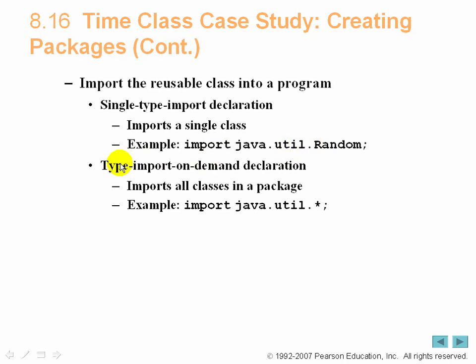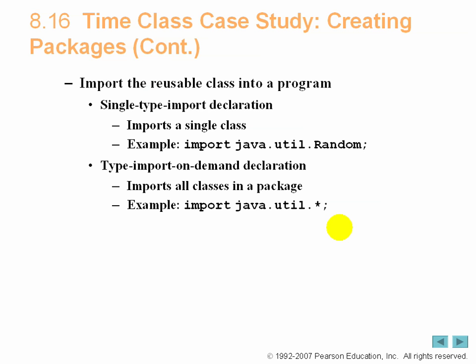And then there's the so-called type import on demand style declaration, where you simply say at the end of the package name .*, and the compiler figures out which classes in your code have come from that particular package. So you have a choice as to how you want to import your classes.